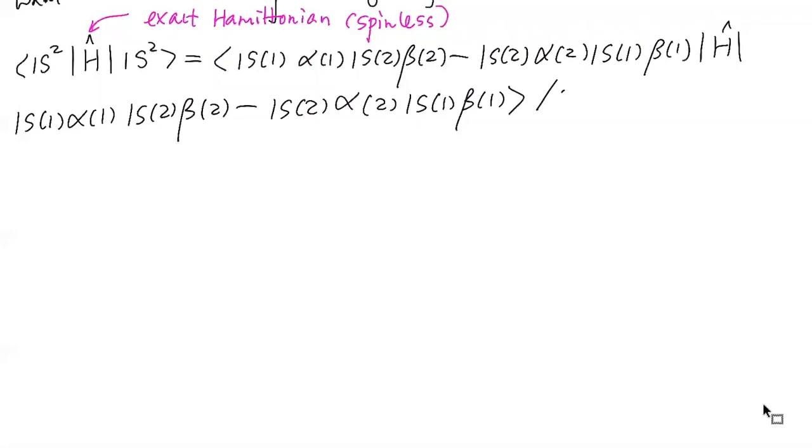And divided by 2, of course. For each Slater determinant, you have a normalization constant, 1 over square root 2, right? So for this bracket, you have 1 over 2 in front of this expectation value.